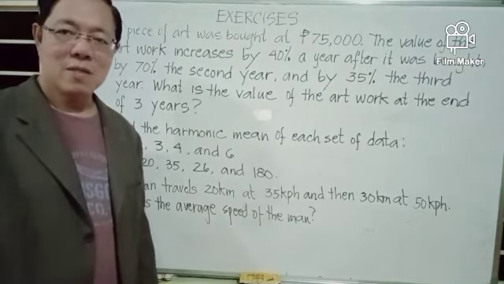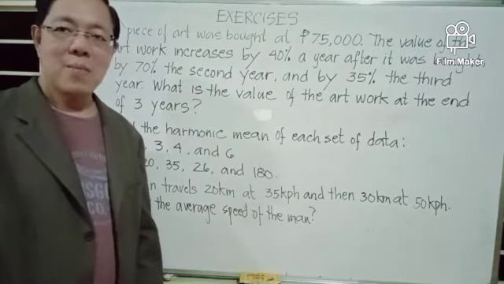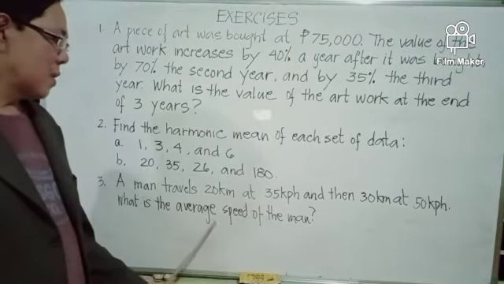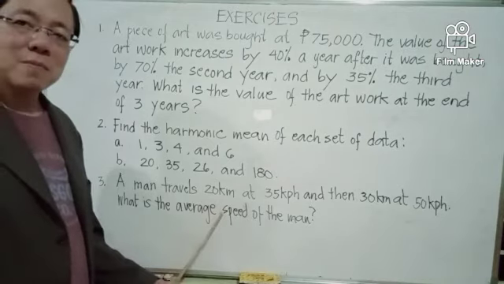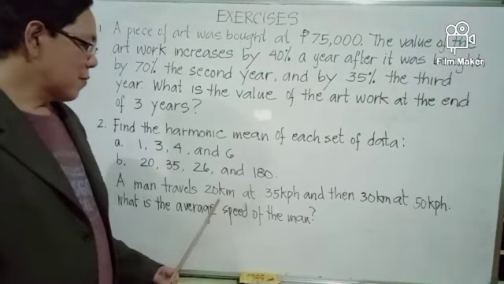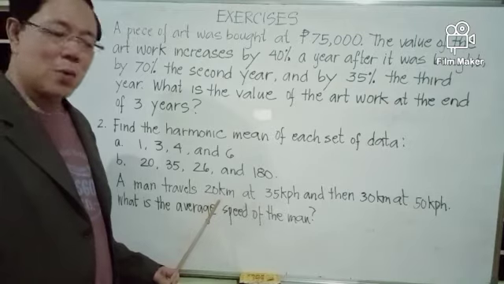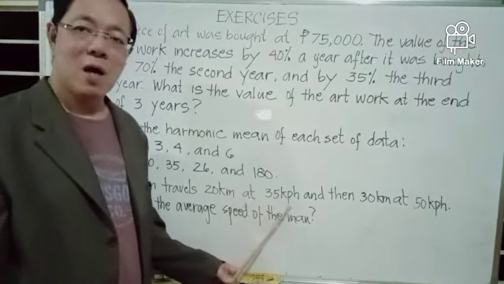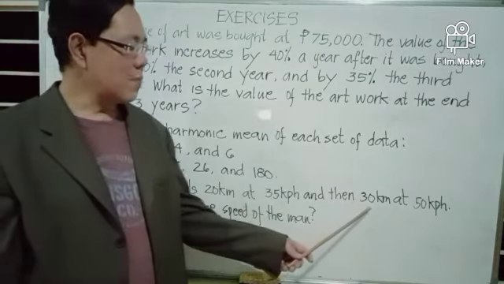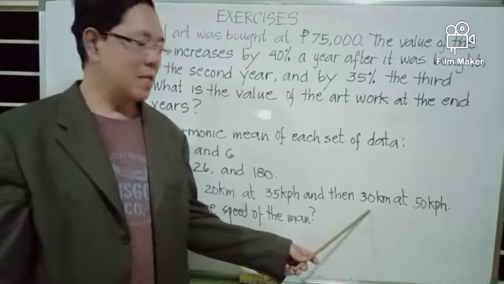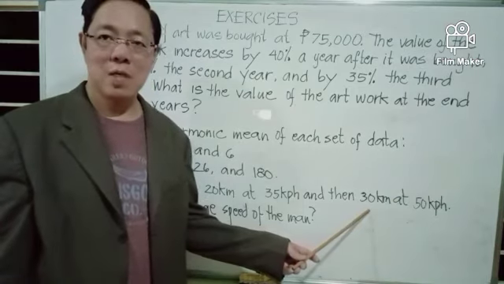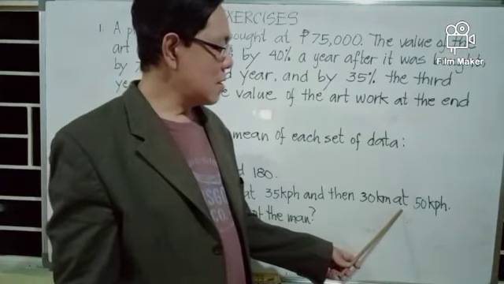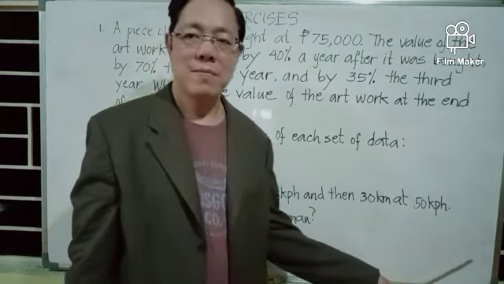And please check your answer using the method I have shown earlier for a similar problem, where we get the time elapsed, the time traveled by the man for the first part of the trip, 20 kilometers at this rate, 35 kilometers per hour, and you also compute the time elapsed or the time traveled by the man for the second part of the trip of 30 kilometers with the speed of 50 kilometers per hour.